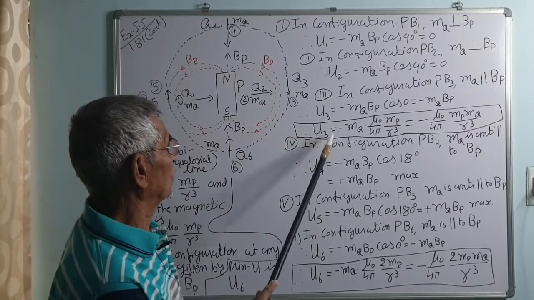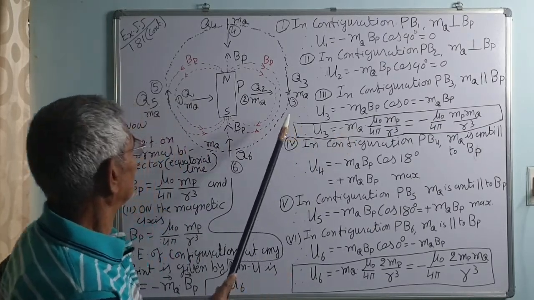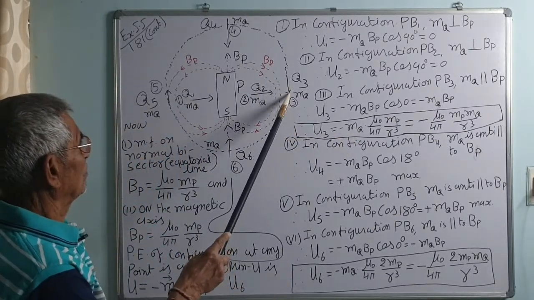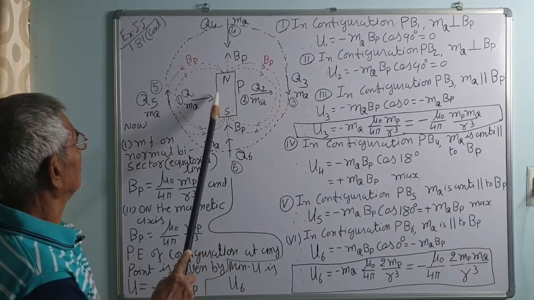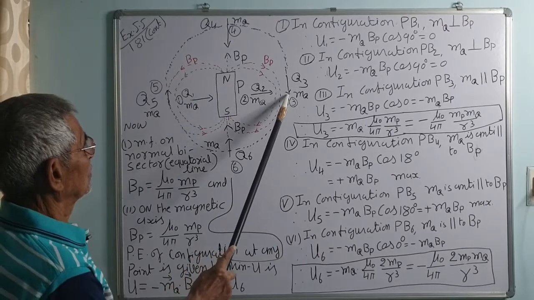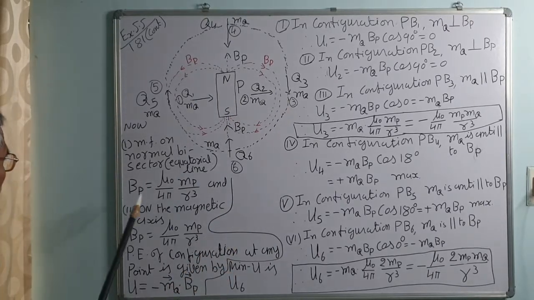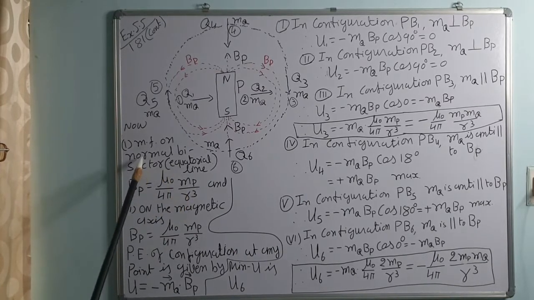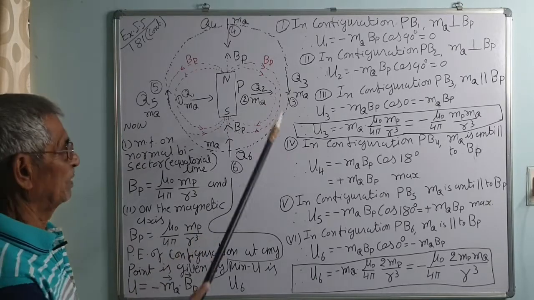Now this magnetic moment is placed on which line? The equatorial line of this NS. So what is the field on the equatorial line? BP is mu 0 upon 4 pi MP upon R cube. This is on the equatorial line, the normal line.